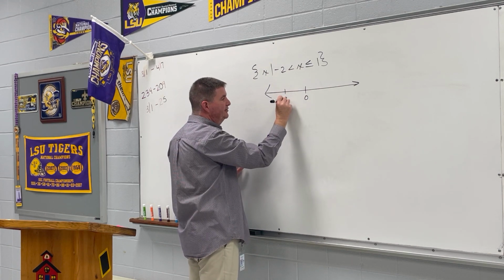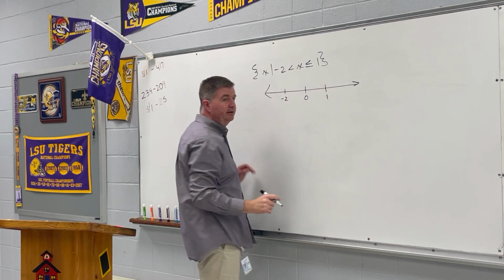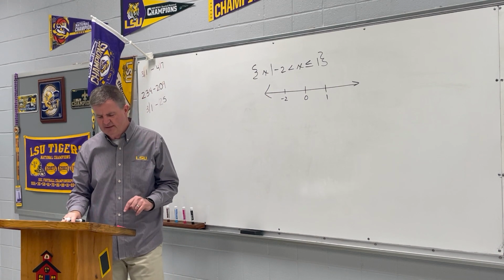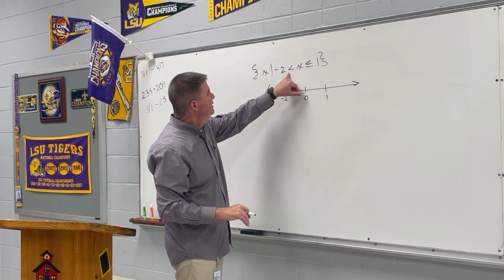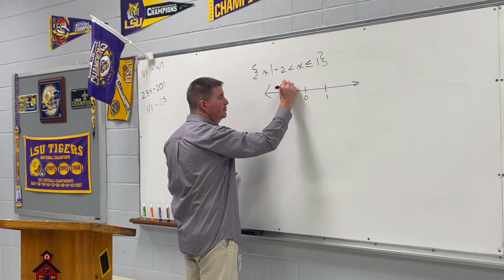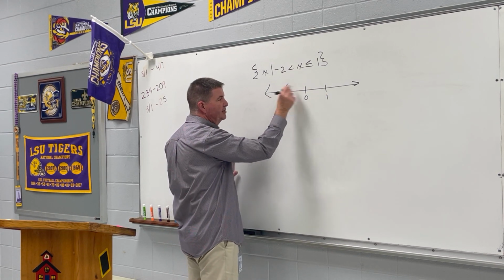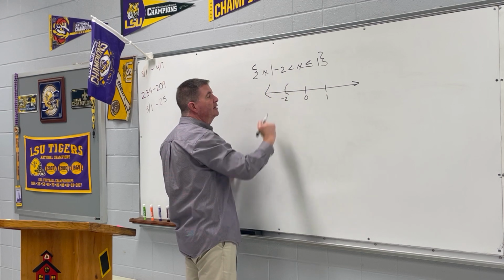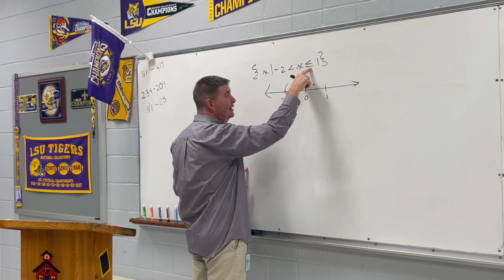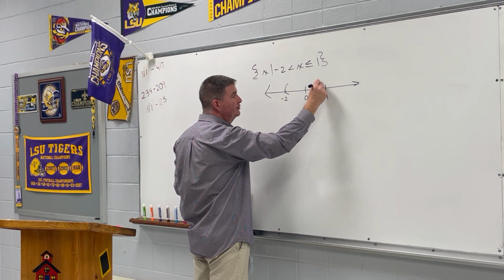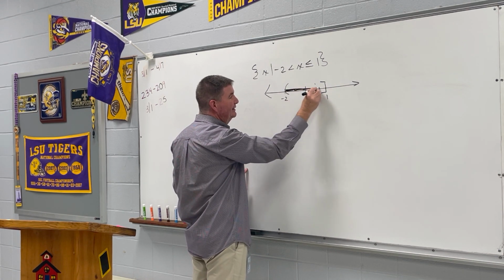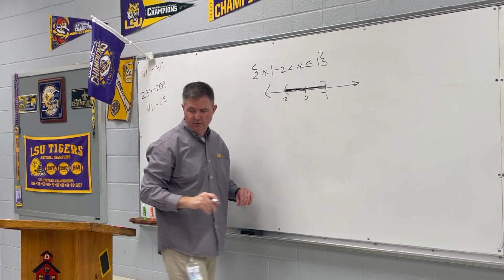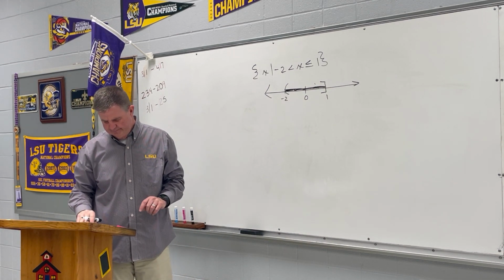I got negative 2 and positive 1. So we put them on respective sides of 0, like it says. And what do we know? We know that it's greater than negative 2. So since it's greater than, it's going to go to the right. So it's going to be opening to the right with a parenthesis. And then it's less than or equal to 1, so that's going to be a bracket, and we'll shade inside.